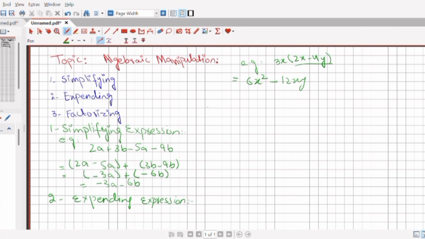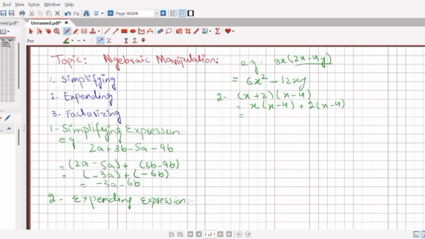Next, if we have double brackets, what will we do? Example 2: x plus 2 into x minus 4. Now we can write it as x into x minus 4 plus 2 into x minus 4.